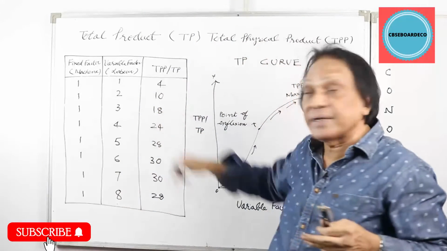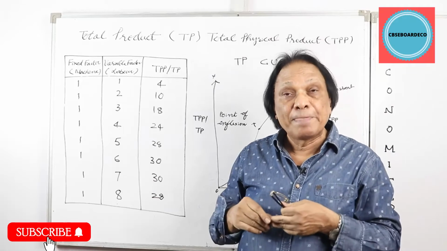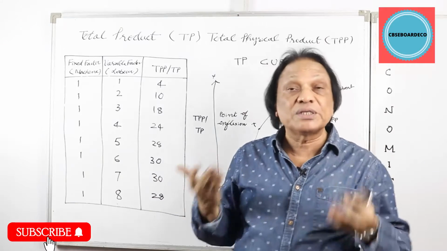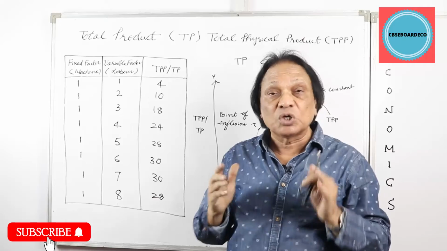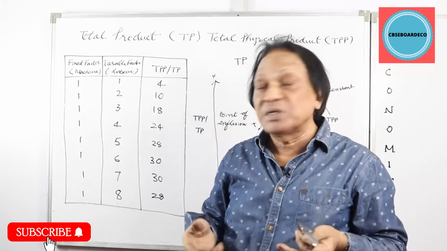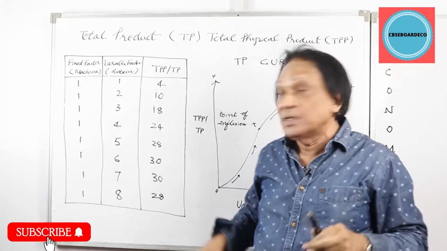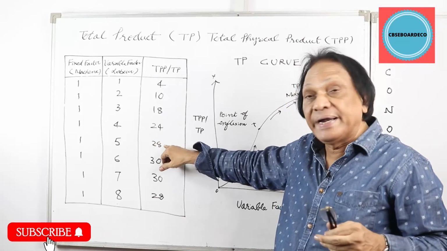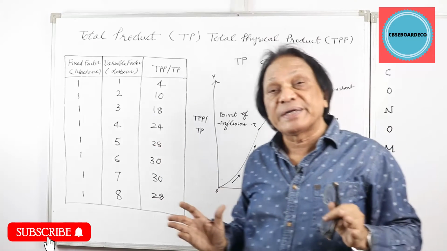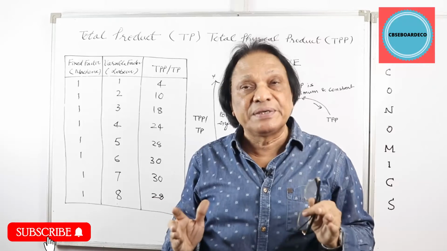So 4, 10, 18, increasing rate. Then you go on increasing more of the variable factor, the total product increases at a diminishing rate. Of course, it is increasing. 24, 28, 30. Then the total product reaches the maximum, 30.